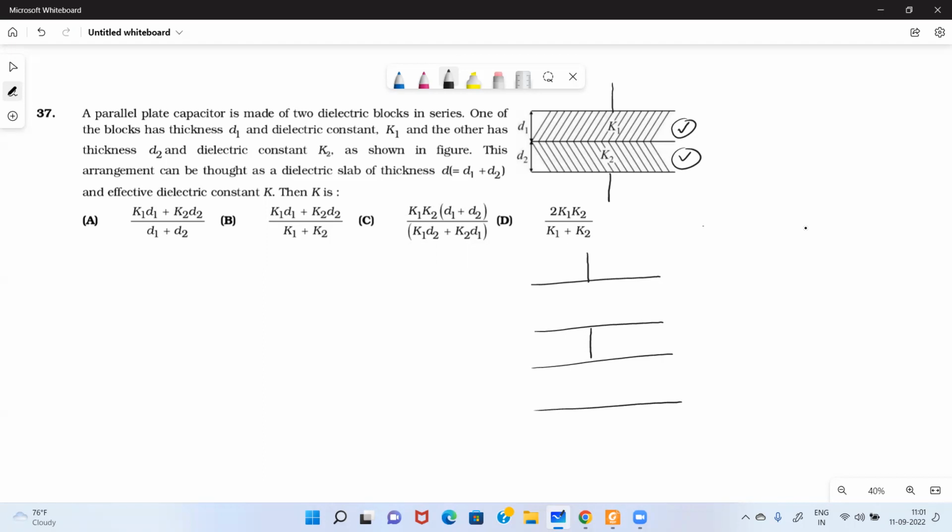Is it fine? Now, what is the distance here? D1 and D2.